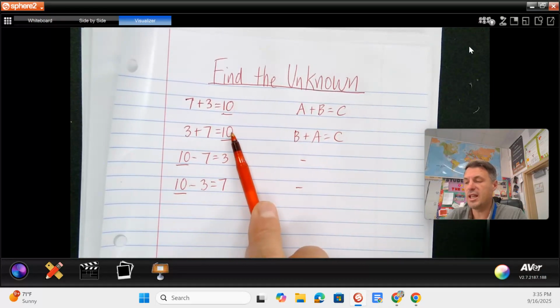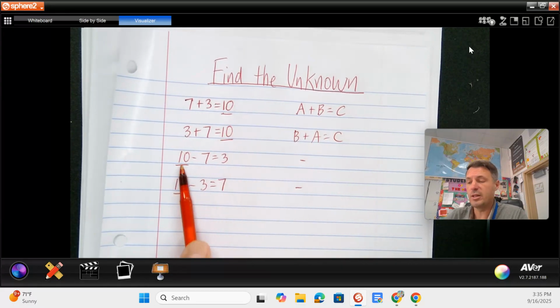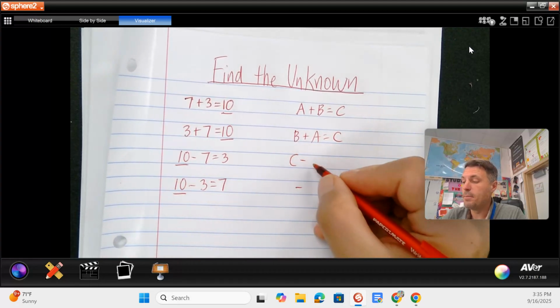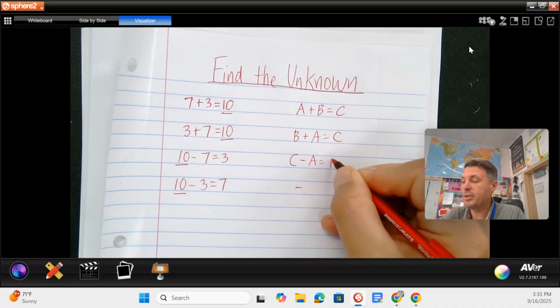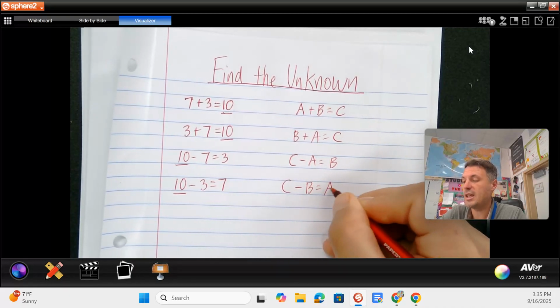Notice that the answer, the 10, which is all the way to the right in the addition problems, goes all the way to the left and becomes the minuend in both subtraction problems. So here that's the C. C minus A equals B, and if that's true, C minus B equals A.